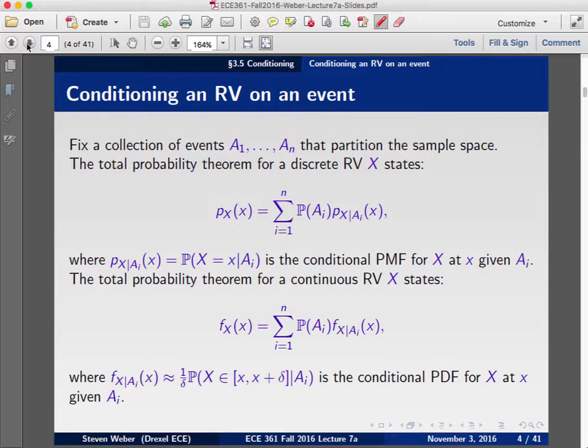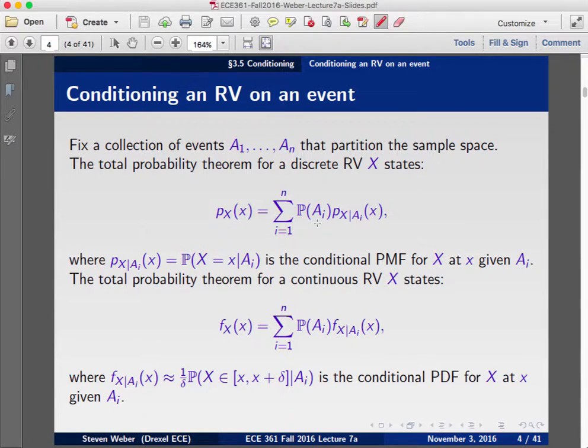But when we were discussing discrete random variables, say X, we observed that the probability mass function for that random variable X, denoted little p sub X at x, that is the probability that the discrete random variable X takes on the value little x, can be seen as the sum of the conditional probabilities that X takes the value little x conditioned on the events A_i, weighted by the probabilities that A_i is true.